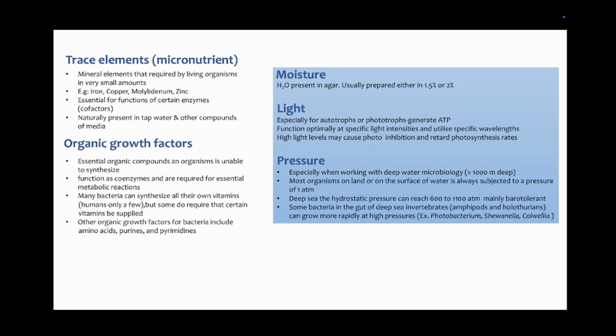Then pressure, unless you do research in deep sea microbiology, you won't be affected by pressure. Most of the time, we will be working at just normal atmospheric pressure. So pressure is more important when you're working with deep sea microbiology.